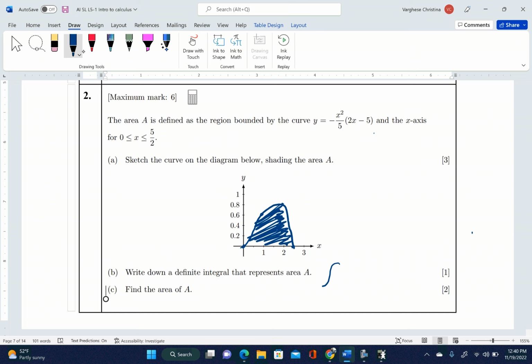So again, I'm going to make my fancy S. I am finding it from 0 to 5 halves, 5 divided by 2, and then my function is negative x squared over 5, parentheses 2x minus 5, and I need to put the dx. So that's my answer for part B, and then now I just need to plug that into my calculator.